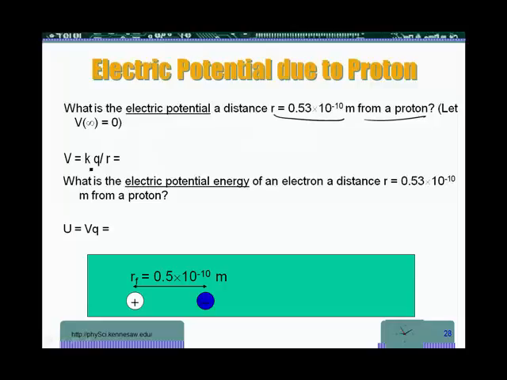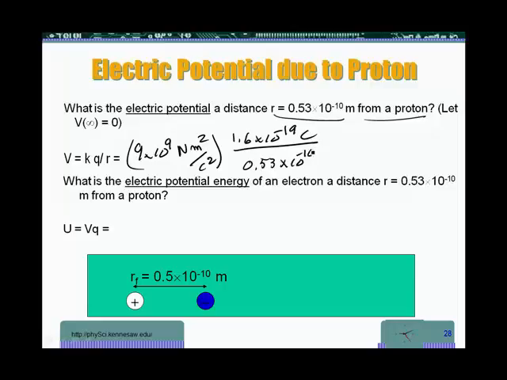To find the electrical potential, we just use the expression: 9 times 10 to the 9 newton meter squared per coulomb squared, that's my k, times Q. Q would be the charge of a proton, which is 1.6 times 10 to the minus 19 coulombs, over r, which is 0.53 times 10 to the minus 10 meters.